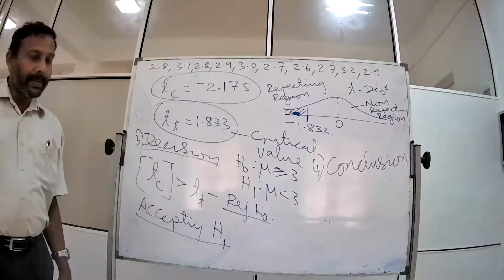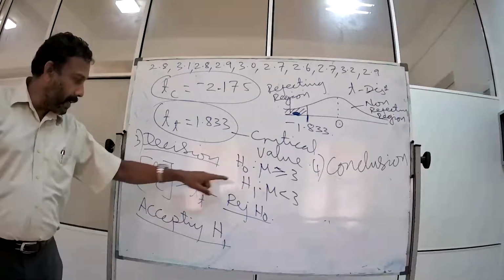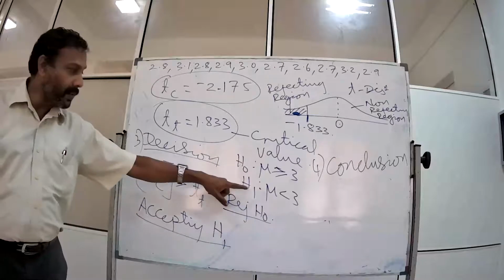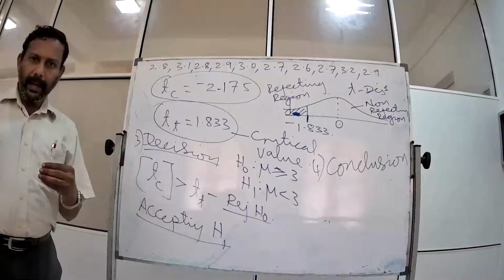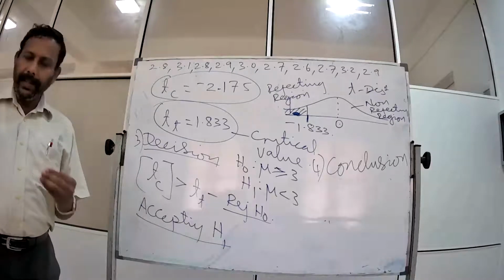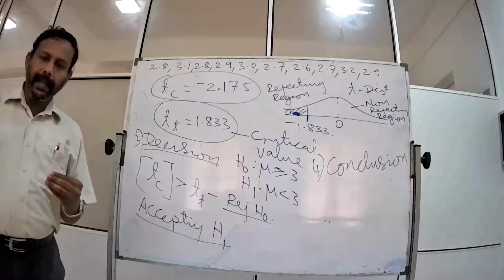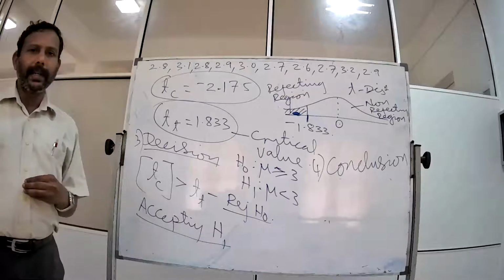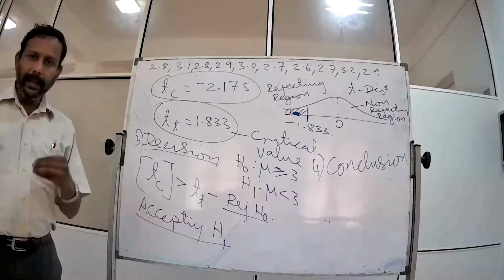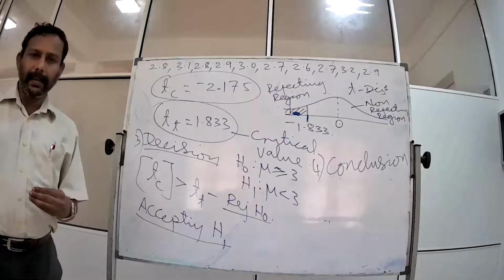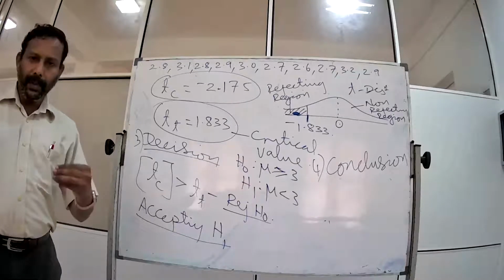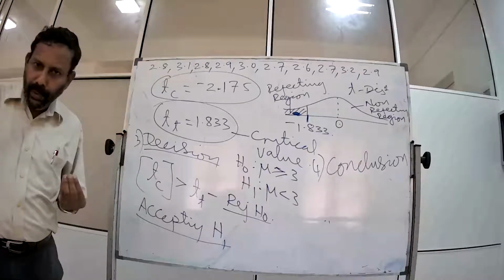The alternative says mu is less than 3. So that means the average EC content of the pond water is less than 3 microsiemens per centimeter. So that is our conclusion.